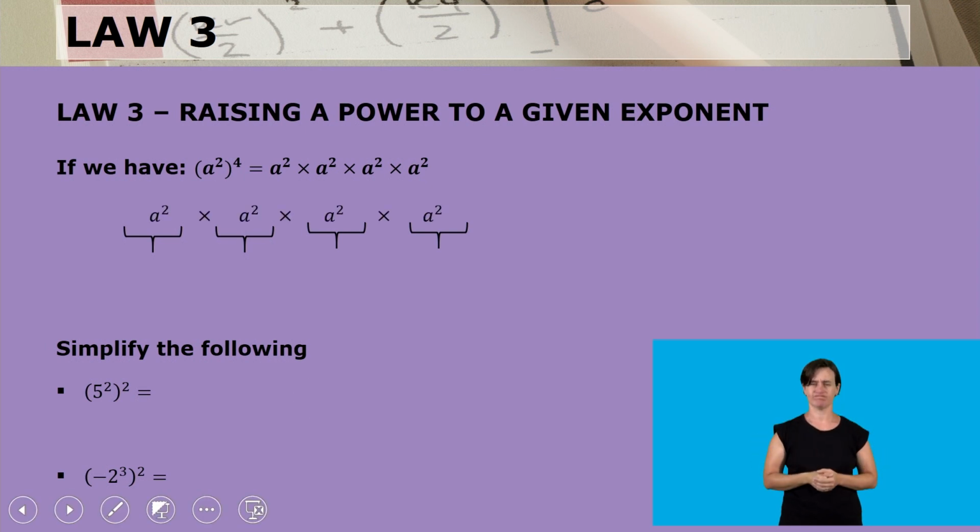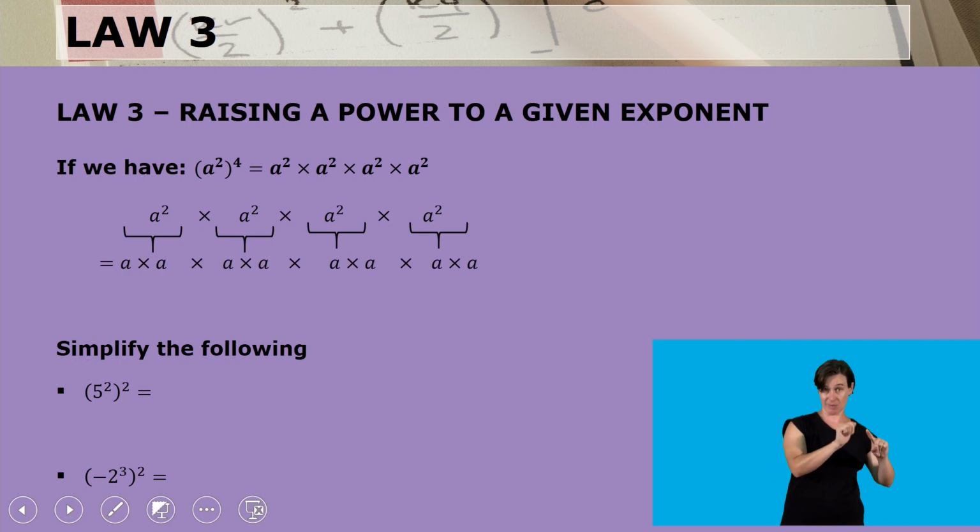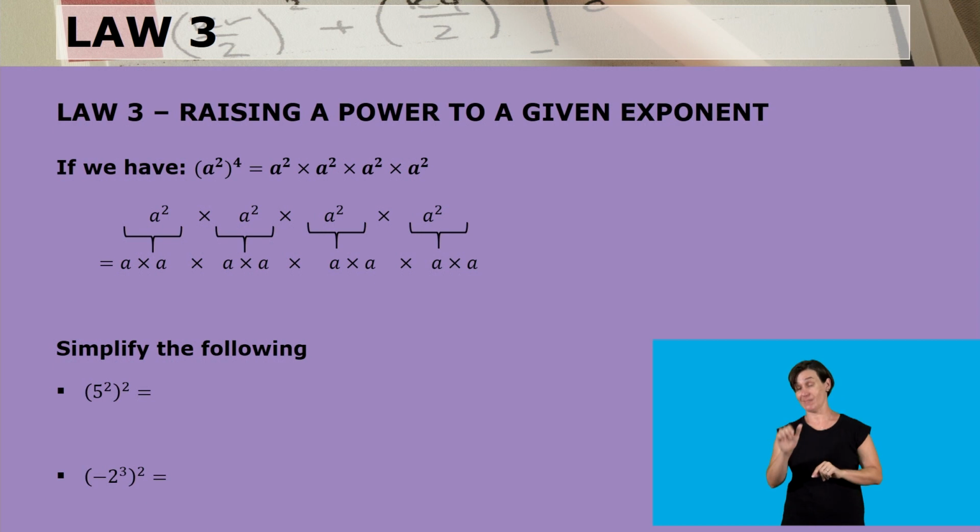So this is going to be a squared times a squared times a squared times a squared. So how are we going to expand that? We know that that is going to be a multiplied by a times a multiplied by a times a, and again multiplied by a times a. How many a's do we see in this sequence?